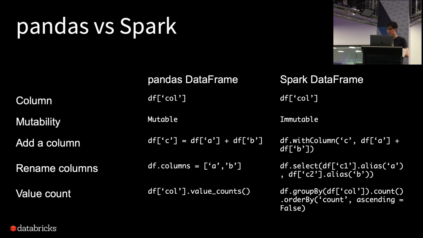And right before this talk, I was discussing with somebody, so why the differences, right? Why aren't the two exactly the same? And I think it also goes to the different use cases that people have. For example, in Pandas, it's mostly used for exploratory data analysis, whereas Spark is often used both for exploratory data analysis as well as building heavyweight data engineering pipelines.